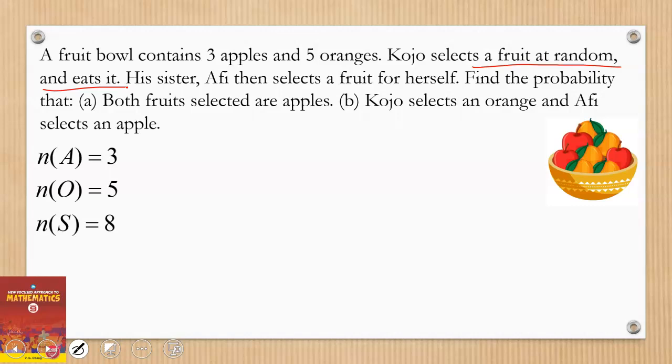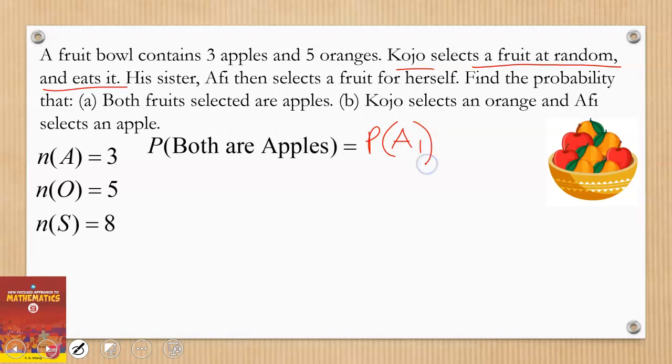The first question says we should find the probability that, if they pick at random one after the other, both fruits selected will be apples. That means the probability of Kojo picking an apple first, and the probability of Afi picking an apple second as well.